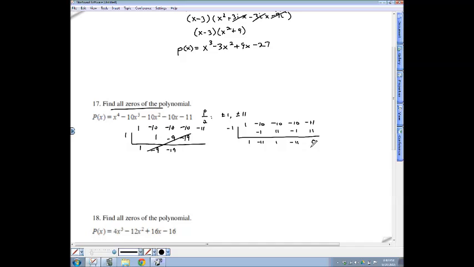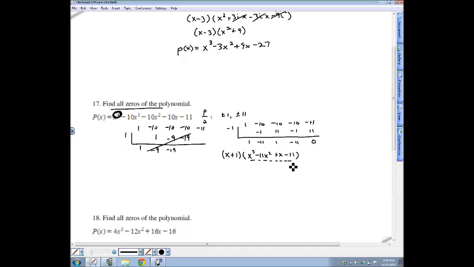We're getting somewhere with that one. So we know that x equals negative 1, so x plus 1 is a factor. These are the coefficients of the reduced polynomial x to the third minus 11x squared plus x minus 11. But we've only found one zero because this is a degree 4 polynomial. There's a total of 4 zeros. We've only found one, so there are 3 more.